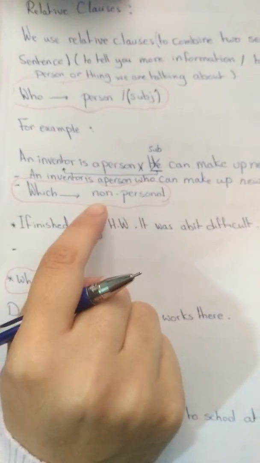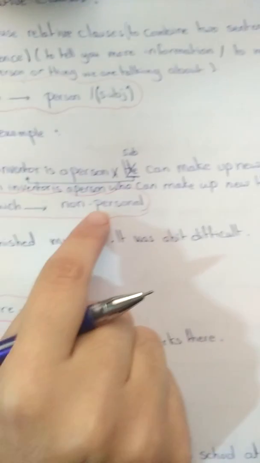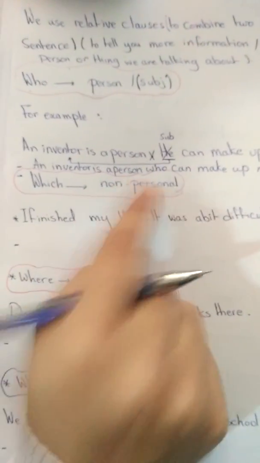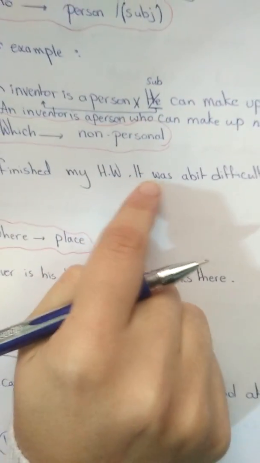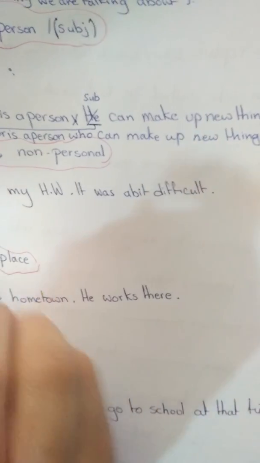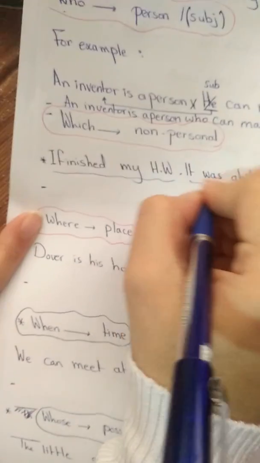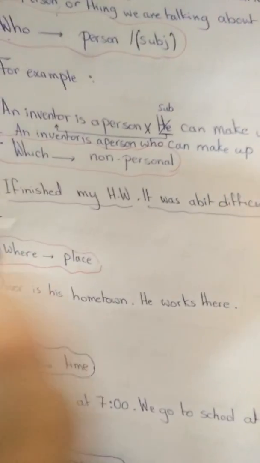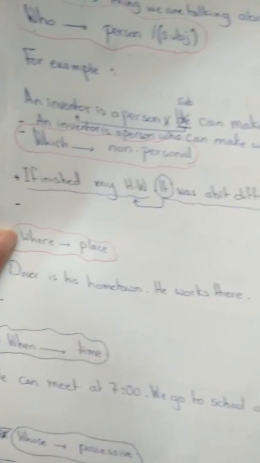The second relative clause we will talk about is which, which refers to non-personal. How can I use it? I finished my homework. It was a bit difficult. This is the first sentence. This is the second sentence. It refers to what? Homework.